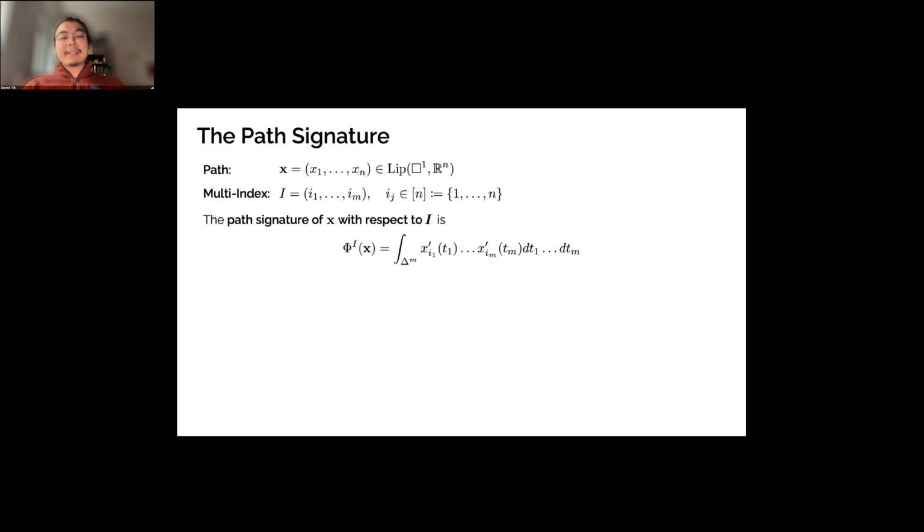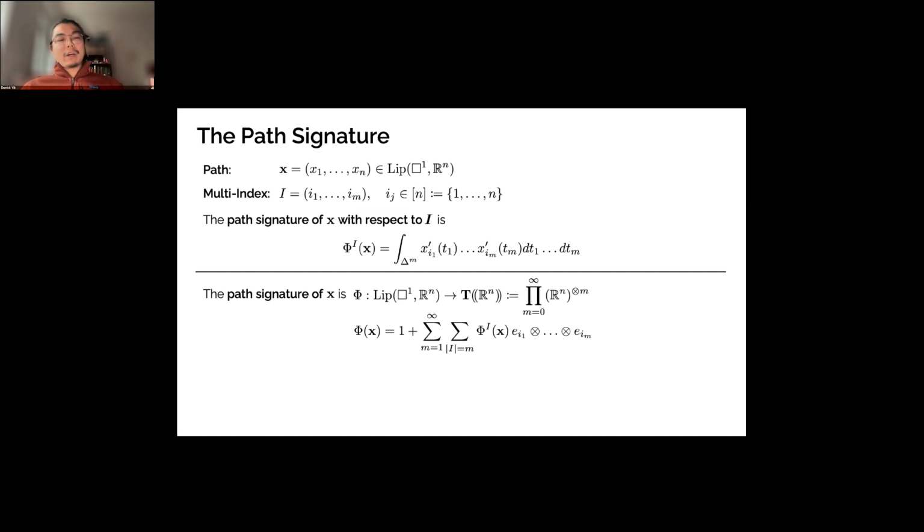We say that the path signature of x with respect to I is this iterated integral. So here we are integrating the derivatives of the path, the components of the derivatives of the path specified by these coordinates given by the multi-index. And we're integrating over the standard m simplex. So this is t1 less than t2 up to tm.